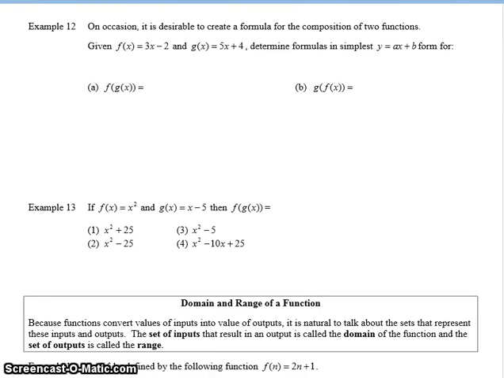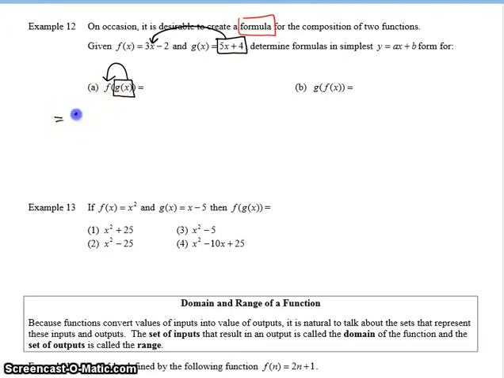Example 12. On occasion, it is desirable to create a formula, okay? Keyword there, formula for the composition of two functions. So basically, we have to plug the g function into the f function. So here's my g function. So I box it in, or you could use a set of parentheses, and that has to get substituted into the f function wherever you see an x.